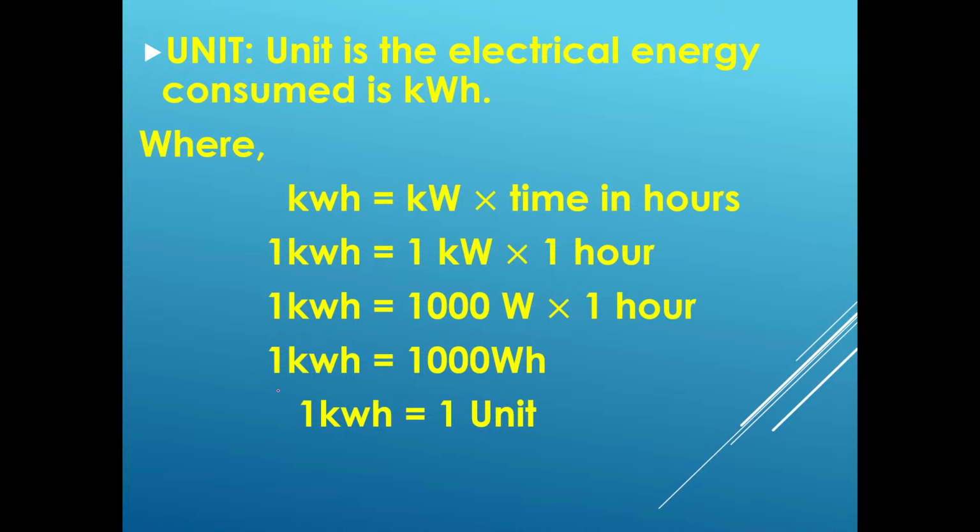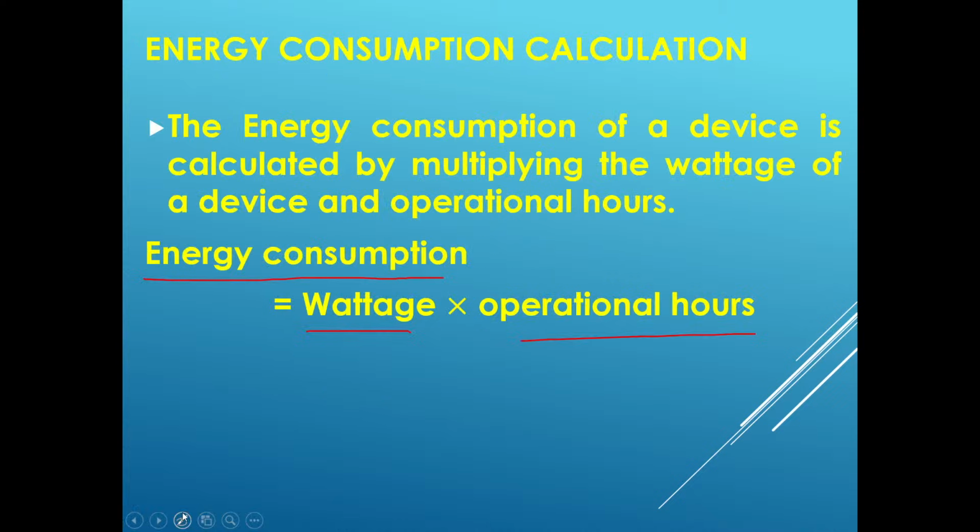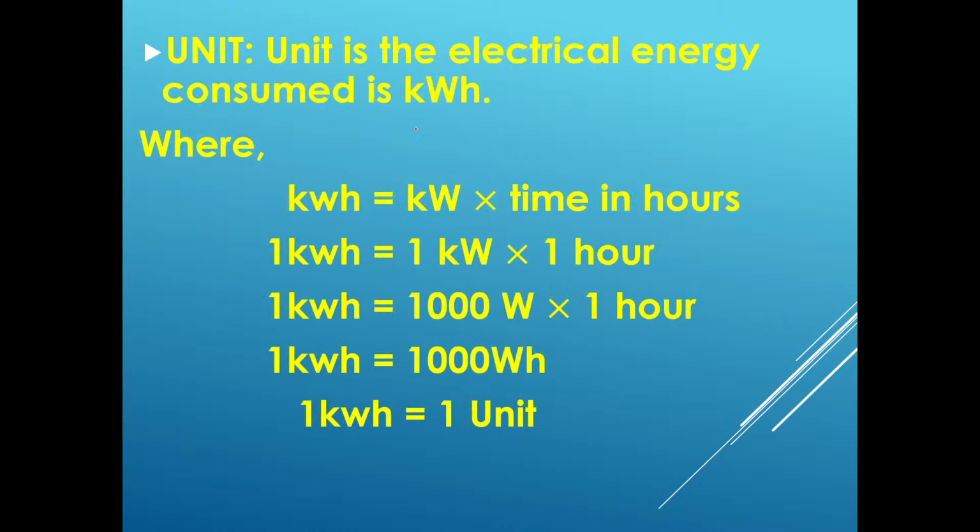In the previous slide, wattage W into operational hour is WH. So what is the unit? kWh. What is k? Kilo. Kilowatt hour is nothing but the unit. That's what I have mentioned here in terms of equations: kilowatt hour is kW into time in hours, where H is time in hours.